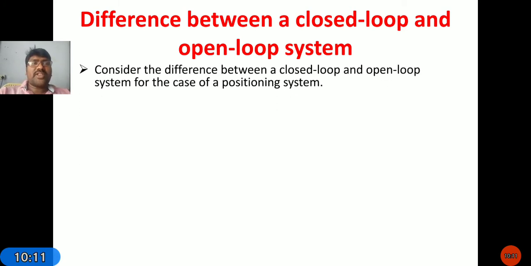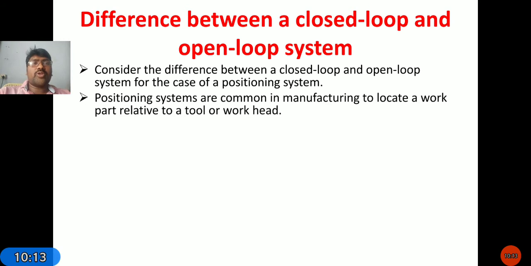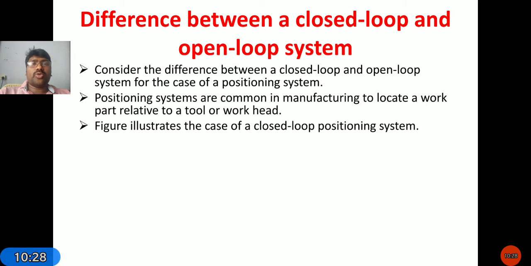Coming to the difference between closed loop and open loop control system, consider the difference for the case of a positioning system. Positioning systems are common in manufacturing to locate the work part relative to the tool.